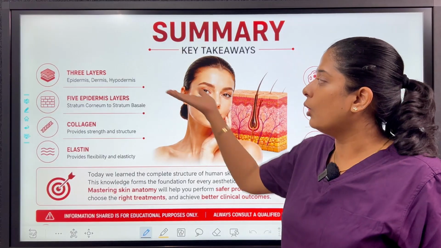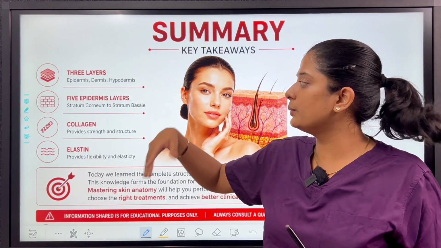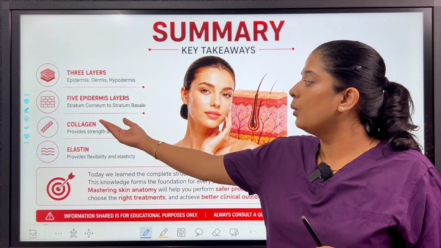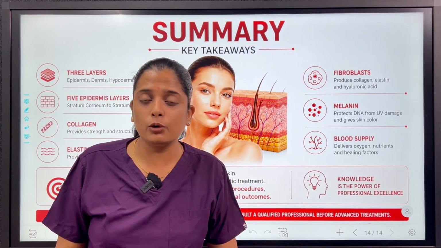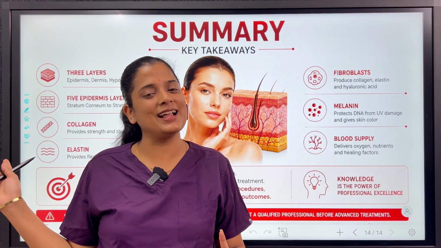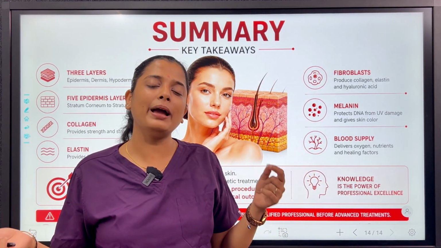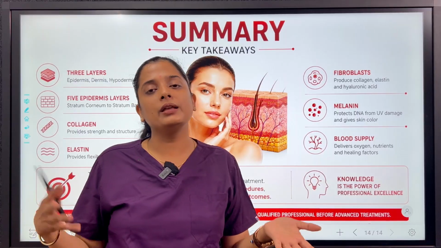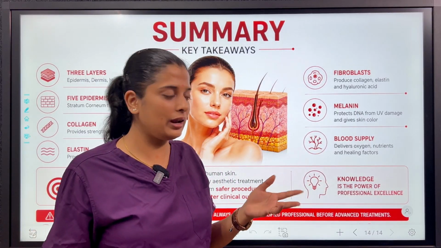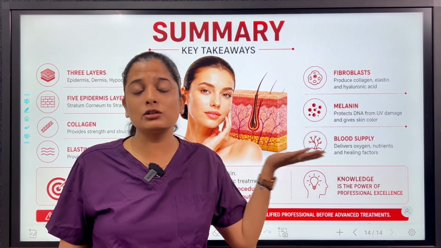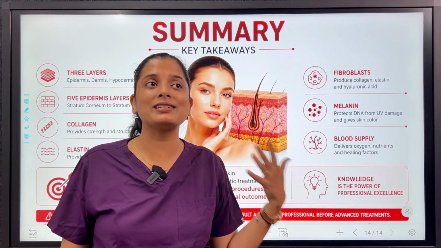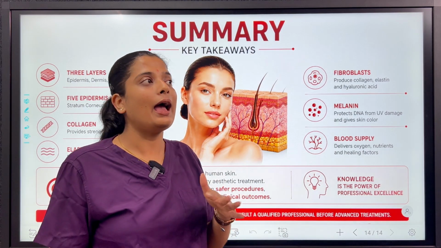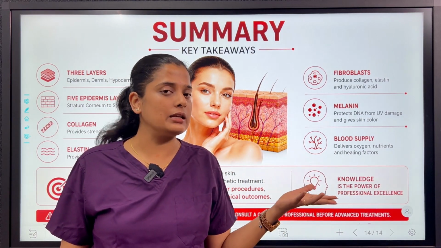Fine? Now, obviously, we learned about the 3 layers, we learned about the 5 epidermal layers, we learned about collagen and elastin. At the same time, we learned about the fibroblast, which produces collagen and elastin. And how do they trigger? By mechanical, chemical, or maybe heat irritation, correct? Then melanin, it is so important, especially now when UV damage and external damage have gone very high and the things are not getting treated very easily.